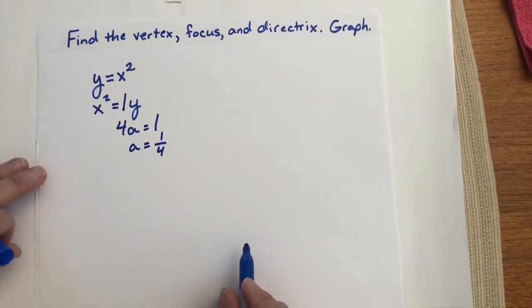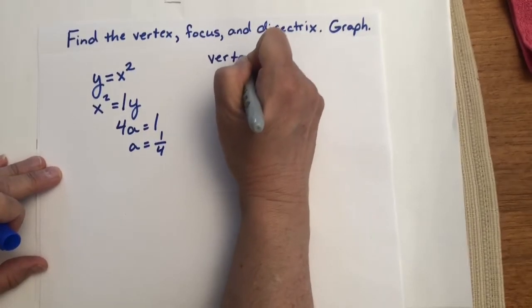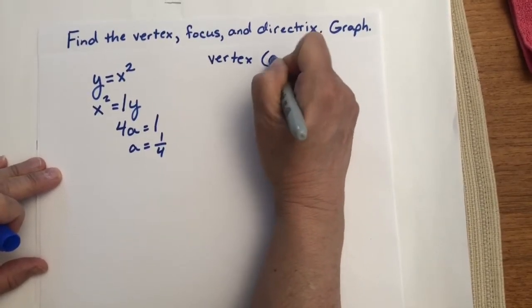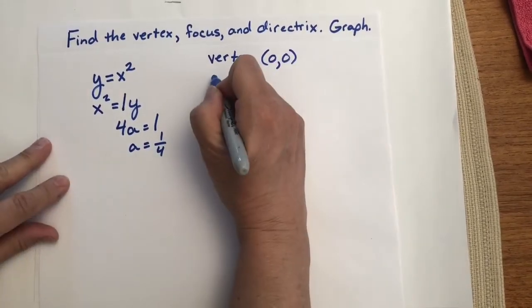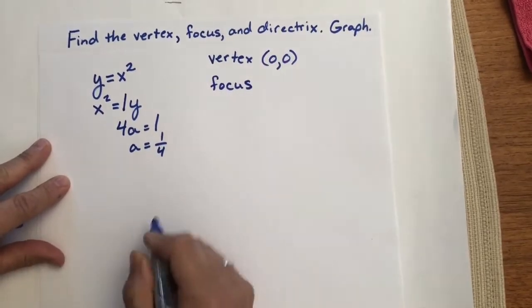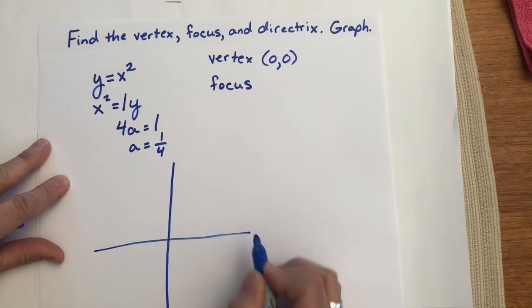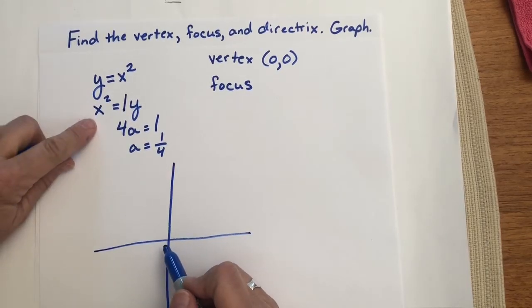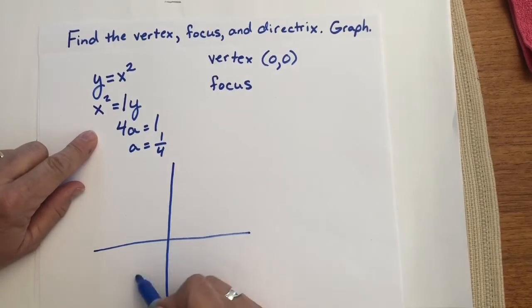So let's roll through the information that we know about this one now. We know the vertex is at 0, 0, since it was not shifted off the origin. Its focus, let's see. If I draw a piece of the sketch, it will help me find it. We know that it's a y equals x squared type. That means that it opens up or down.